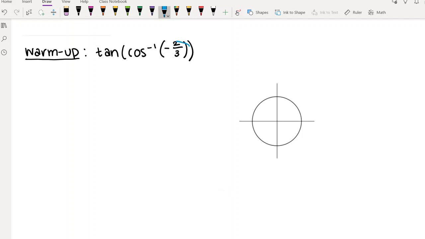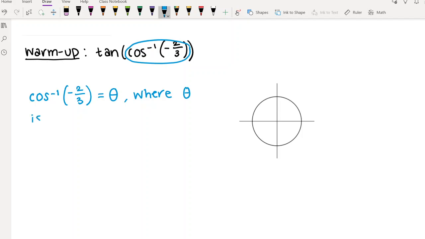So inverse cosine of -2/3 is equal to some angle theta, where theta is an angle in the interval from 0 to pi, right? Because that's where the answers for inverse cosine come from.